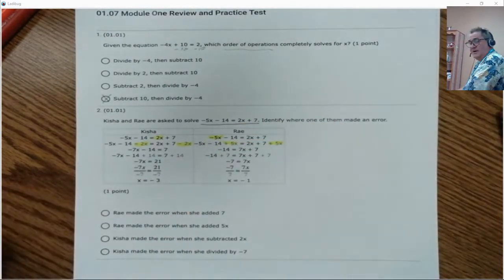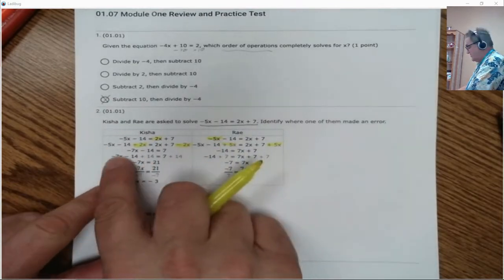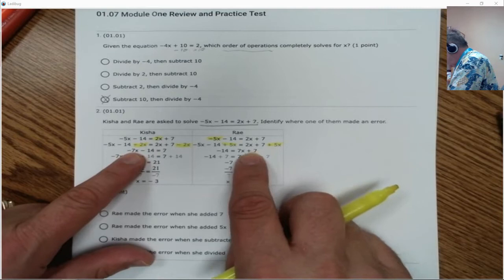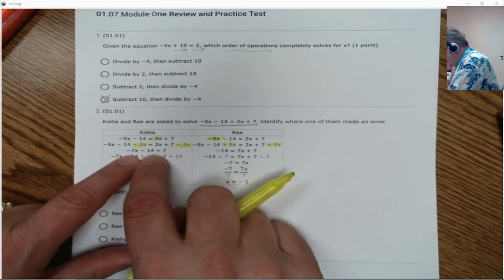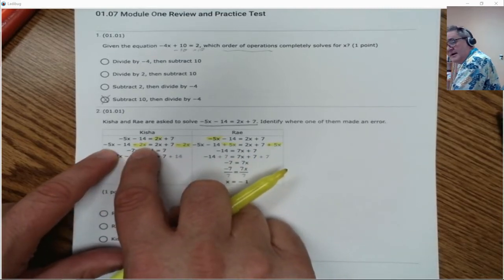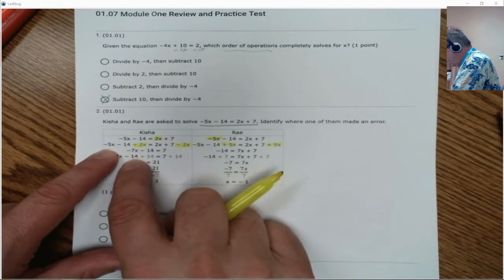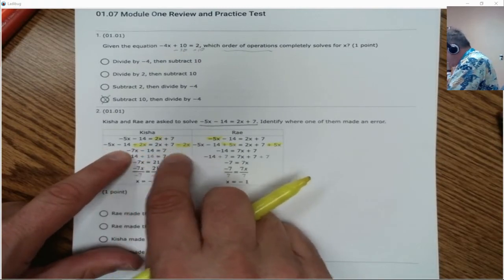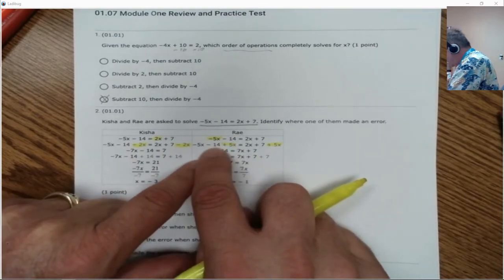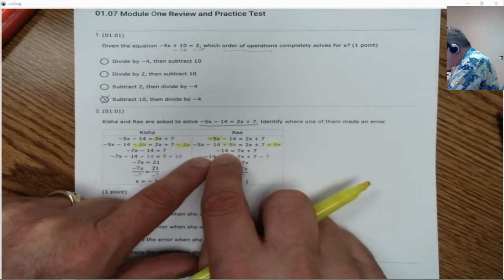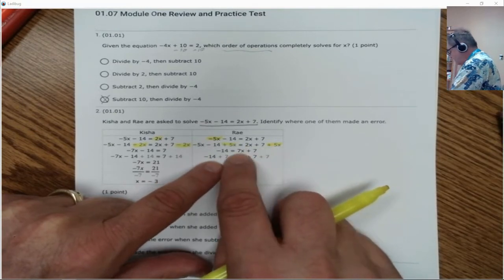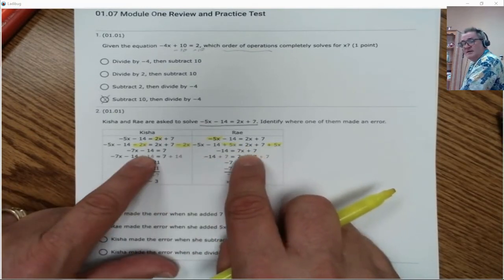That's fine. You can move the x's to the left or to the right. There's no problem there. After they do that, they're left with negative 7x, because combining negative 5 and negative 2 is negative 7. Minus 14 equals 7 on one side, and negative 14 equals 7x plus 7 on the other. So we're okay at that step for both of them.